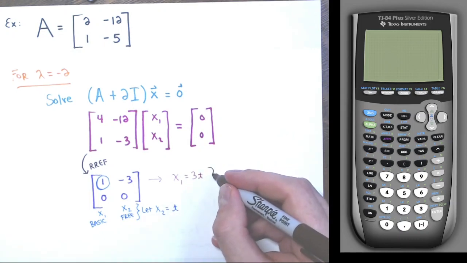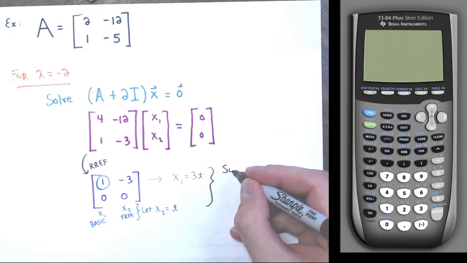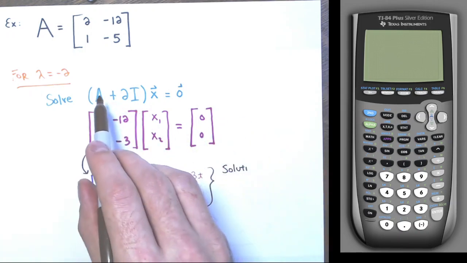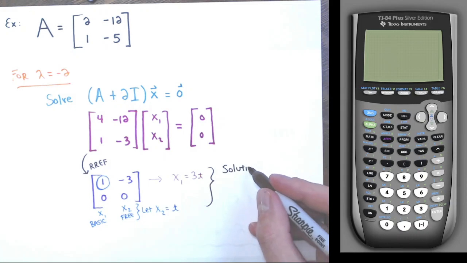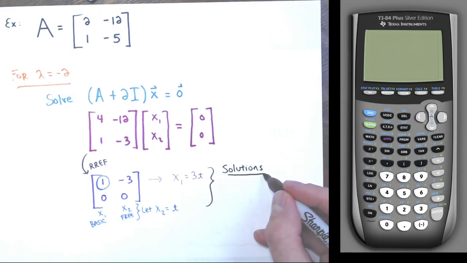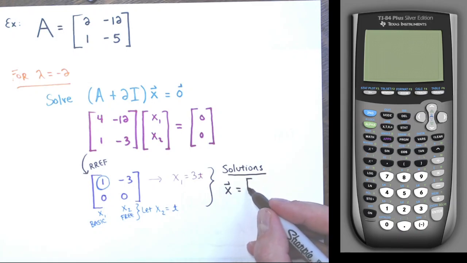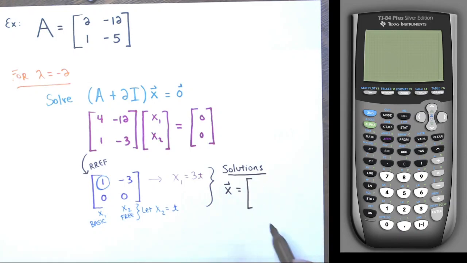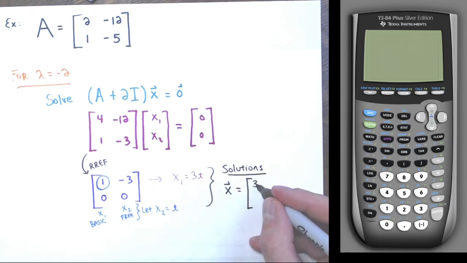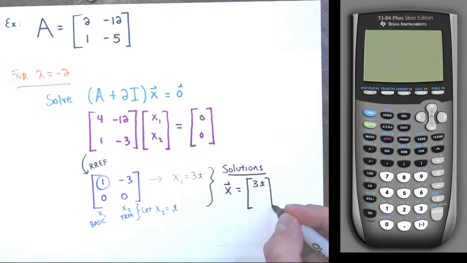So the solutions of this equation, this A plus 2I times x equals 0, are these vectors. I can replace x with, again, a vector with two components, and the first component is going to be 3 times whatever I choose for t. The second component is whatever I choose for t, and pulling the t out of those, I get t times the vector 3, 1.